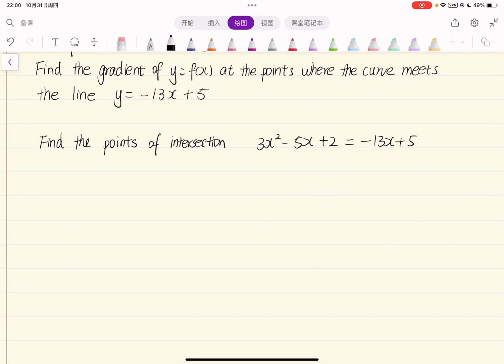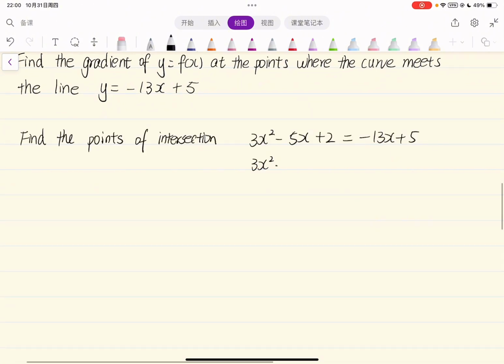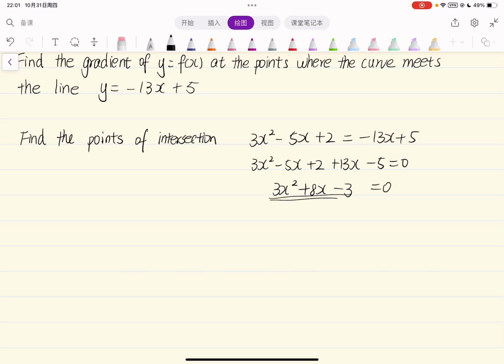And we rearrange that, we have 3x squared minus 5x plus 2 plus 13x minus 5 equals 0. We have 3x squared plus 8x minus 3 equals 0. We can see that we can factorize the left-hand side.